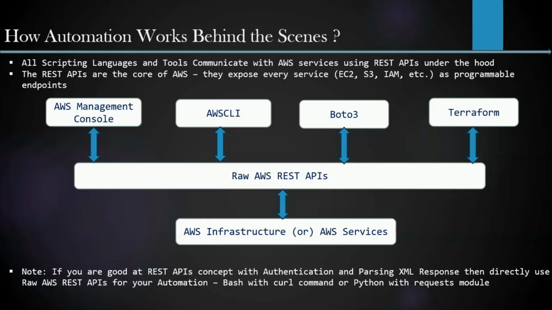So now, if you are good at REST API concepts with authentication and parsing XML responses, then directly use raw AWS REST APIs for your automation. Like Bash shell scripting with the curl command, Python scripting with the requests module, or any other scripting language, and in that, how to invoke your REST APIs.